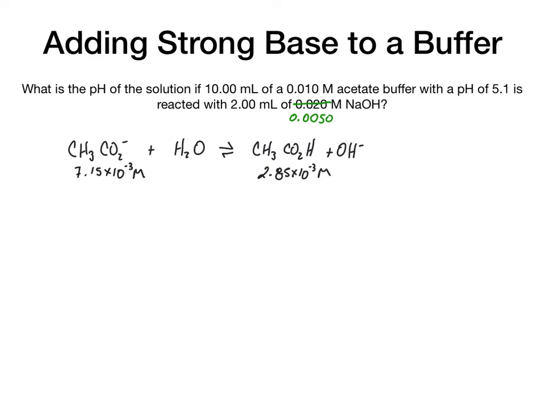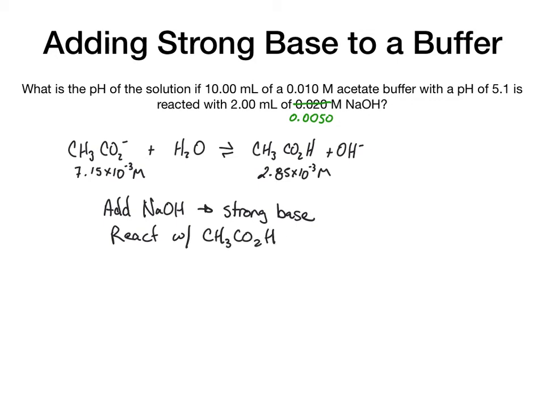And so now, when I add NaOH, this is a strong base, it is going to react with the acetic acid because the acetic acid is a weak acid.